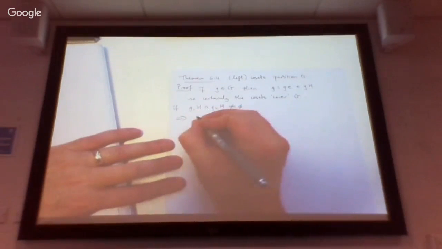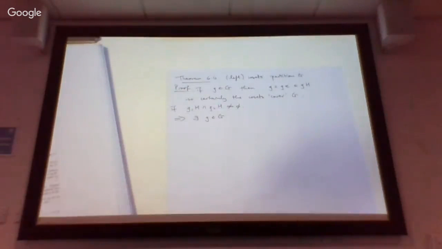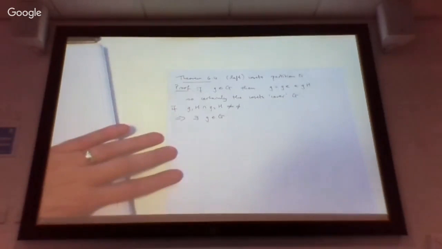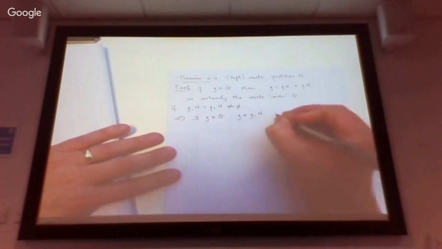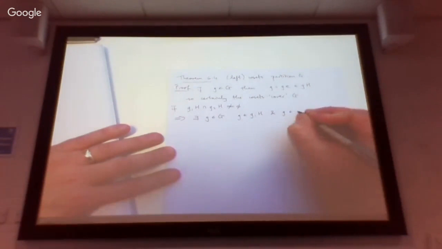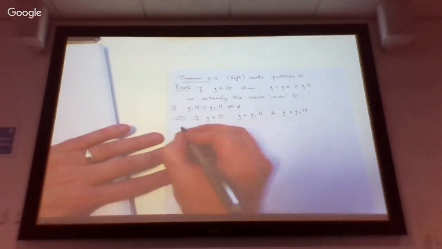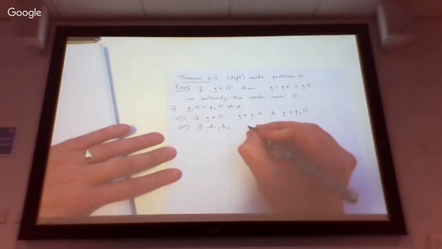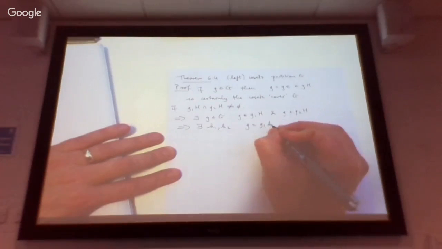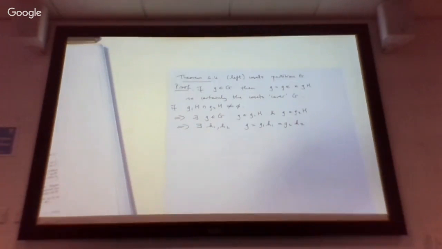So that implies that there exists a g. Don't get confused here. g1 and g2 are the two elements that we're talking about, their left cosets. So there exists some g such that g is an element of g1H and g is an element of g2H, i.e. there exist h1 and h2 such that g is equal to g1h1, that's equal to g2h2.